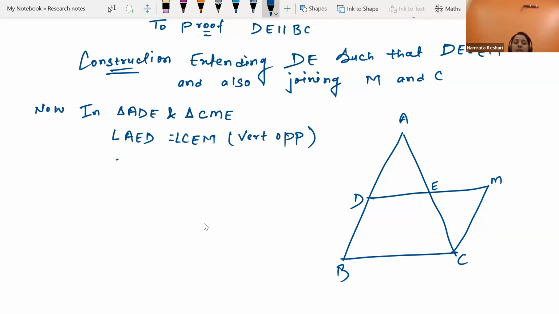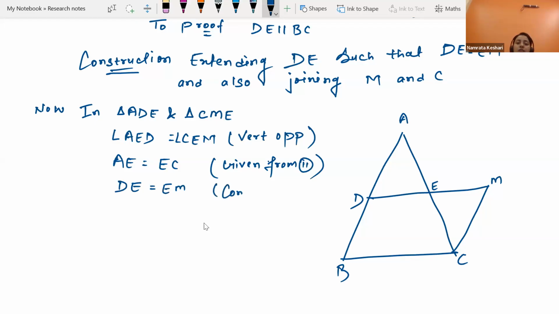Then we will say that AE is equal to EC, given, we have written also in equation 2. And DE is equal to EM, by construction.